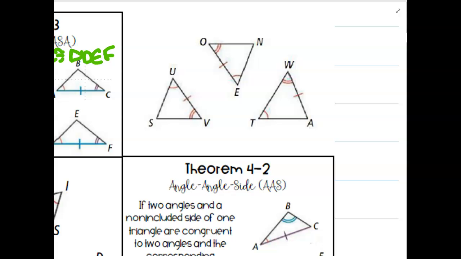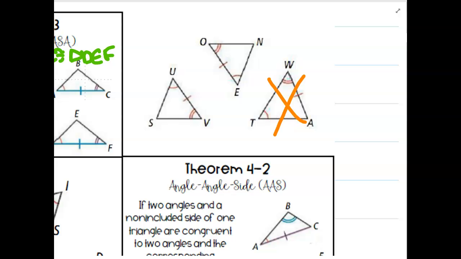The second triangle, which maybe we call EON, also has an angle, then a side, and then an angle, so I could say these two triangles are congruent. The third triangle has the first angle, then a second angle, and then a side. This would be angle, angle, side, so this triangle is not congruent to the other two.